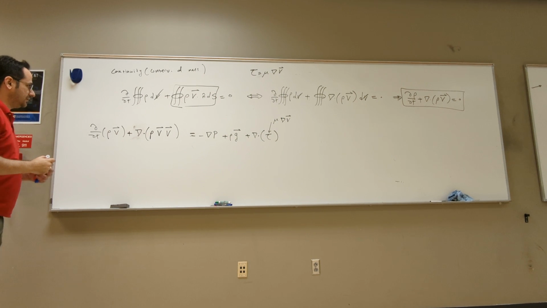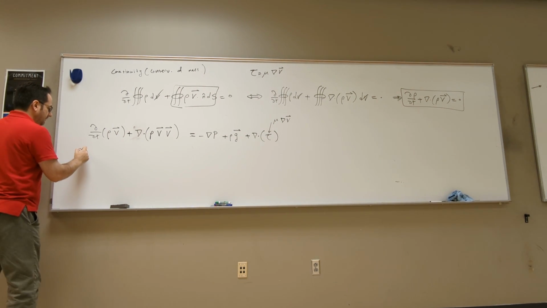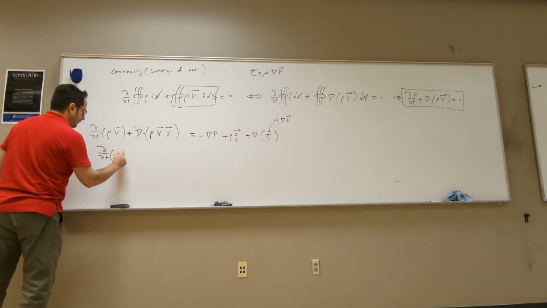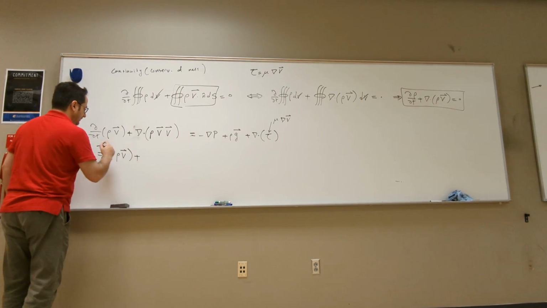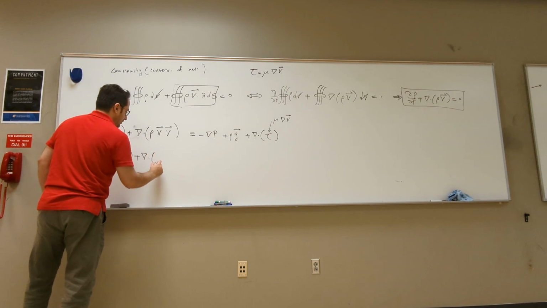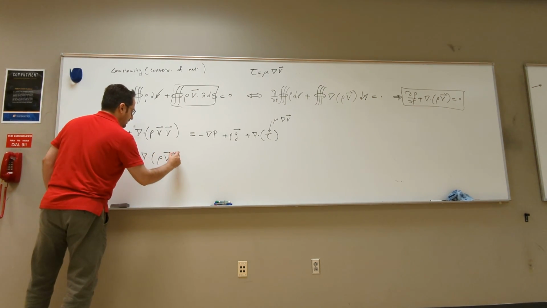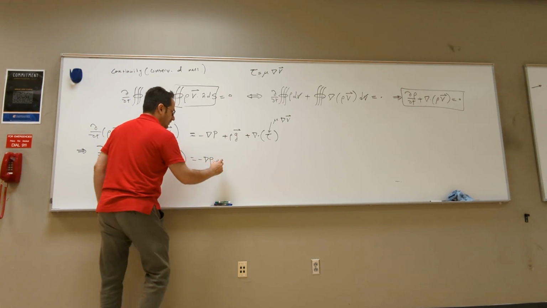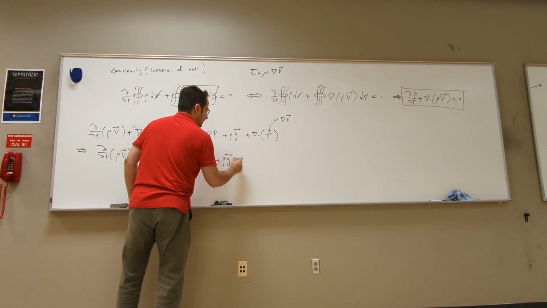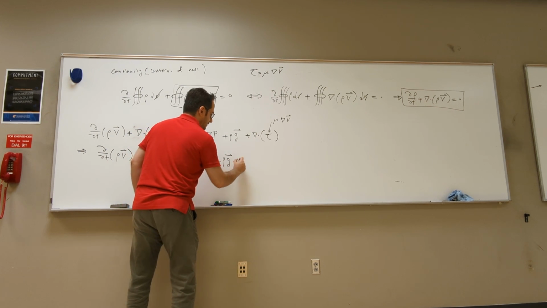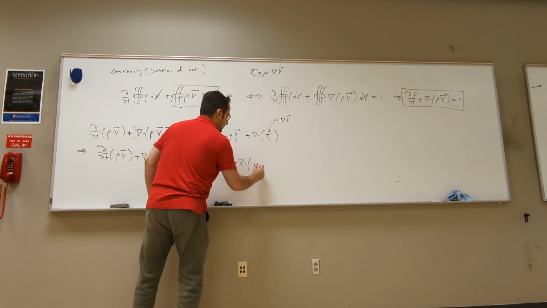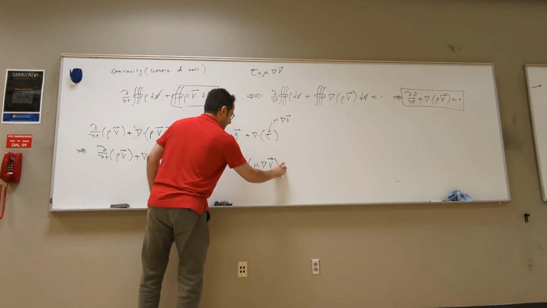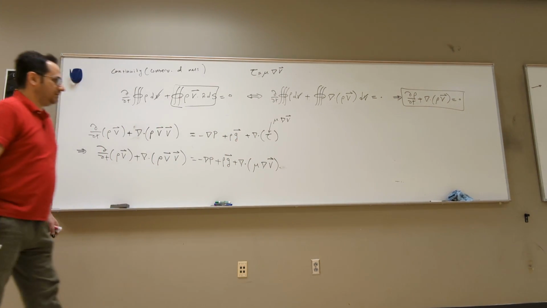So what do you get? The final form? Not the very final form, but close: partial t of rho v plus divergence of rho v v is equal to negative gradient p plus rho g, and this guy you get plus divergence of mu gradient velocity, on the right-hand side of the left-hand side expression.